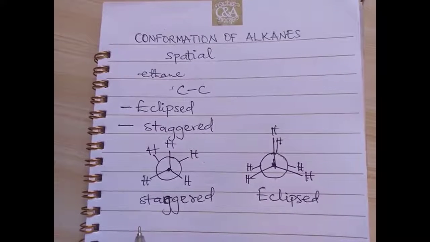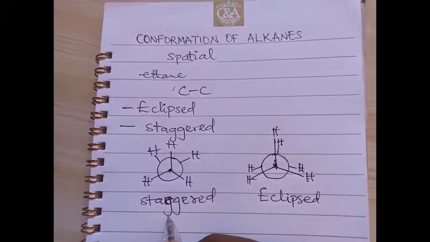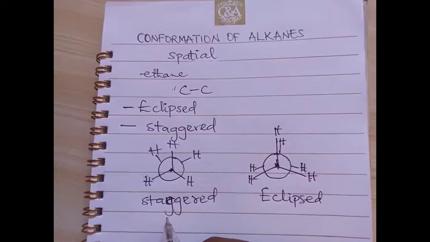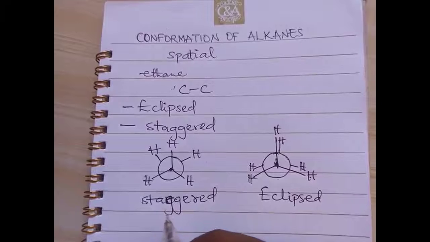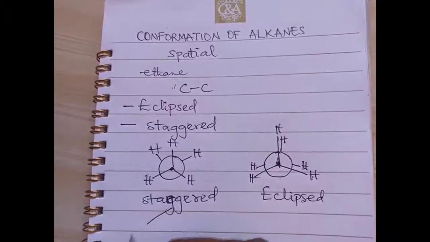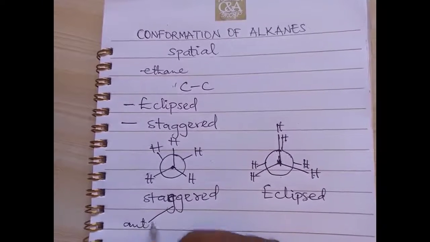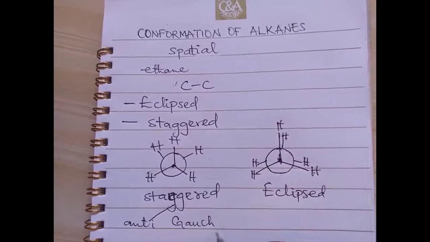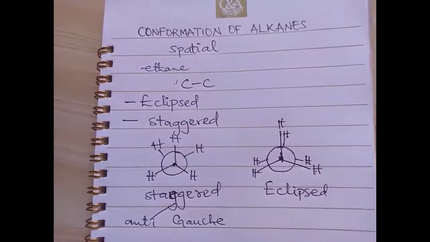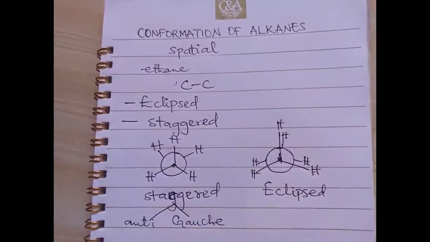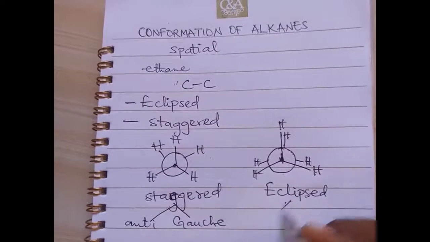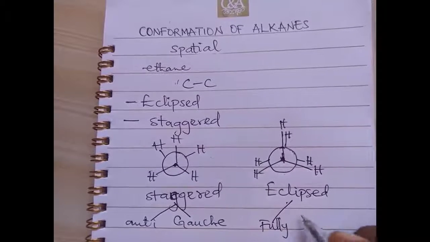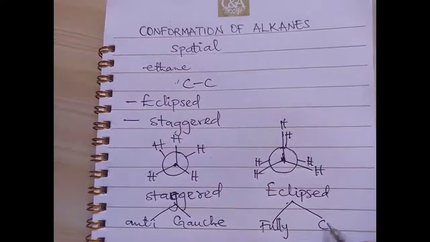So if we consider staggered, if we use butane as an example, staggered conformations are further subdivided into two, which is the anti and the gauche, while eclipsed is also divided into fully eclipsed and eclipsed.